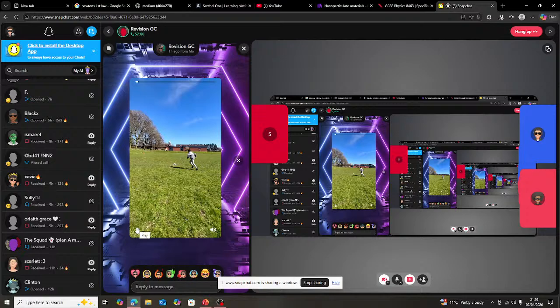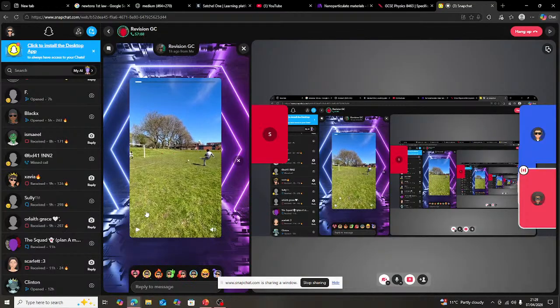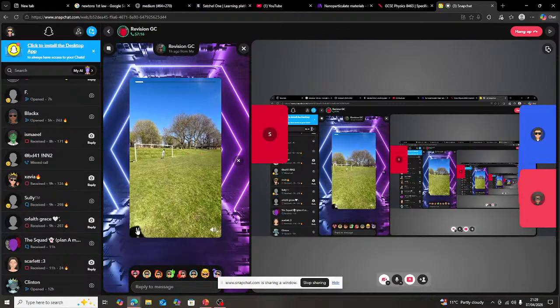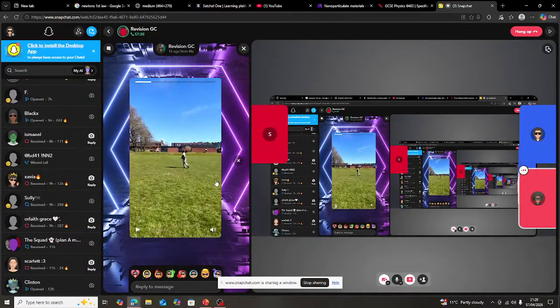And then someone comes in the way, and then a force is exerted onto the ball. And that's me. The force is exerted. Look at that go. And then it just goes in because no one on this earth is saving that. It goes in, then it slows down.